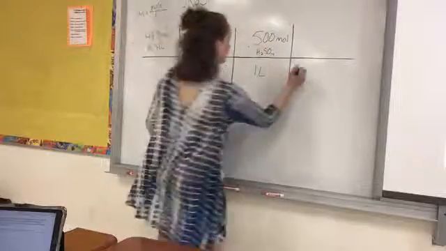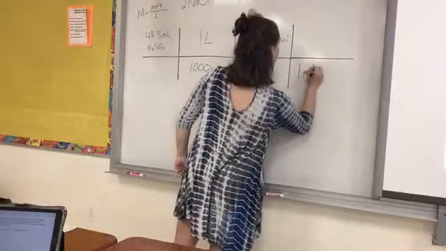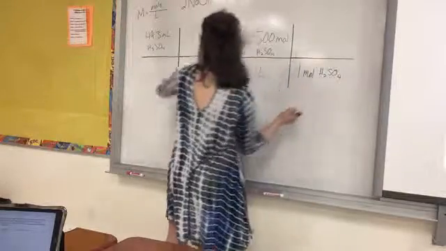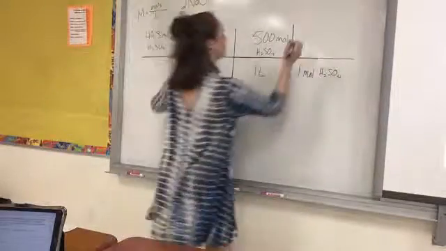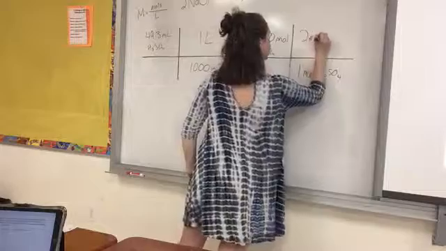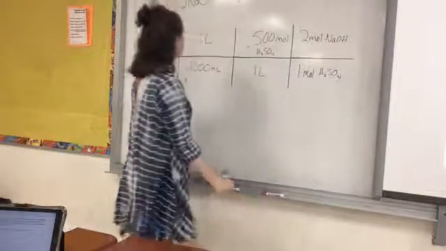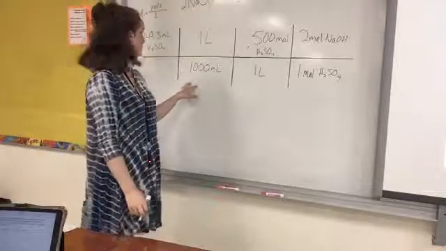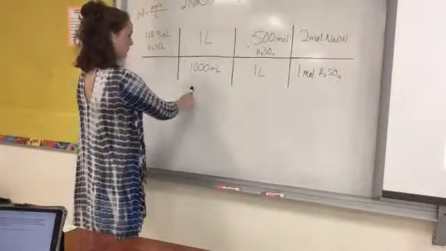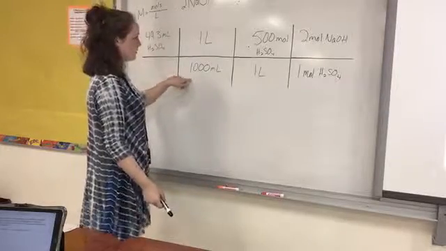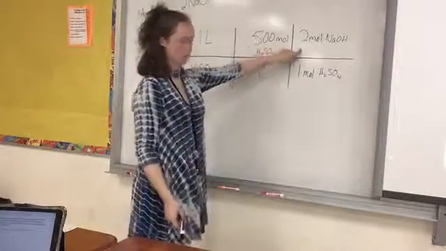There's 1 mole of that, and then there's 2 moles of NaOH, so we'll put that as well. This is the whole fence that's been set up, and then you just plug and chug. You divide, and then you multiply, and then you multiply again.